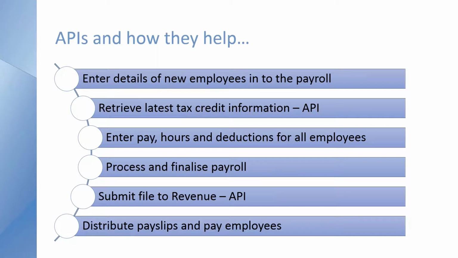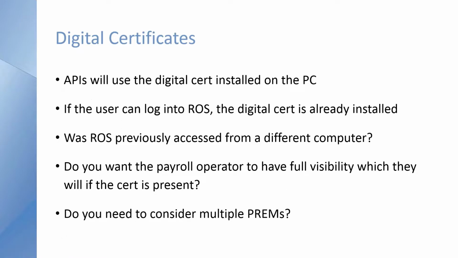Then you process and finalize the payroll. Then you submit the file to revenue. And this is a one-click process by virtue of the API. Then finally, you distribute the pay slips, be it by email, printed pay slips, or a portal, and pay the employees. We are hoping that the responses to the API requests will be answered in seconds by revenue systems, and this is something we feel is important to the user experience.